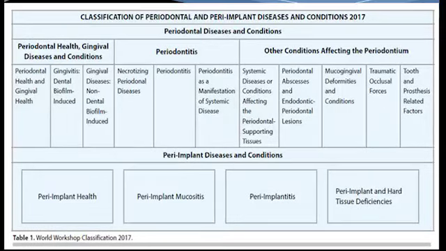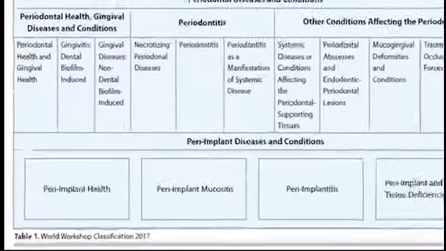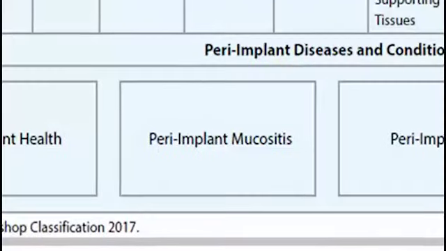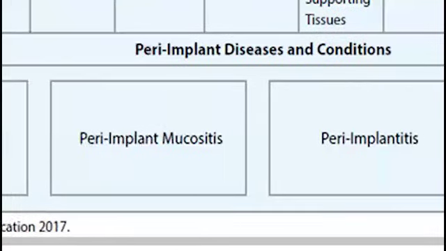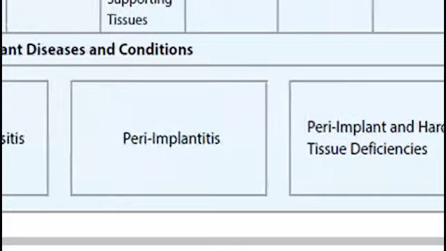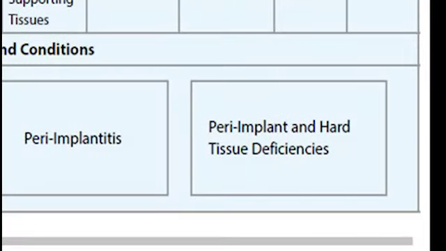In the peri-implant diseases and conditions, there are four categories. Number one is peri-implant health. Number two, peri-implant mucositis. The third is peri-implantitis. And the fourth is peri-implant soft and hard tissue deficiencies.